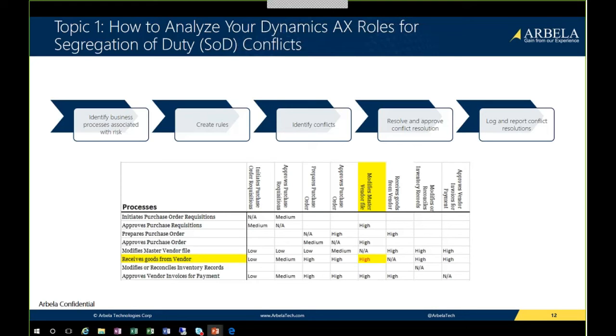For example, quote to cash or simply purchasing, right? So we can look at it however your business is divided up, and we can identify tasks. We model those tasks vertically and horizontally on a matrix, and then we work with you and your end users and your business experts to determine where the actual risks for fraud are in your business.